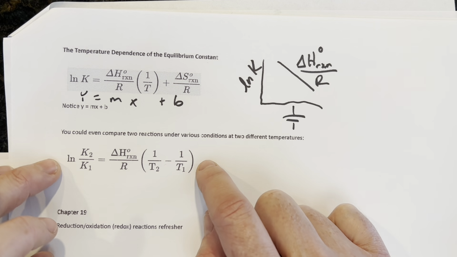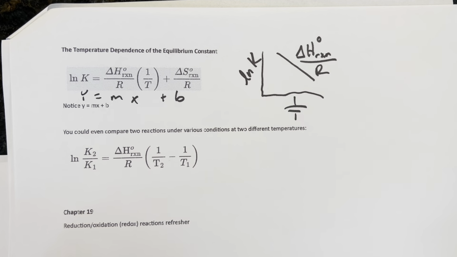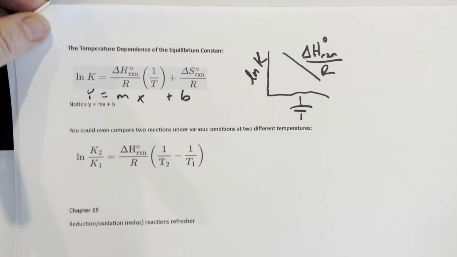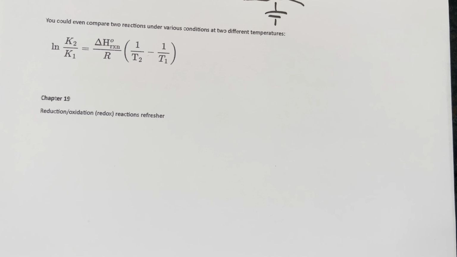This we didn't use in the last class, and you even had an exam question about it, so I'm just going to keep it going. All right, number 19 is oxidation reduction refresher.